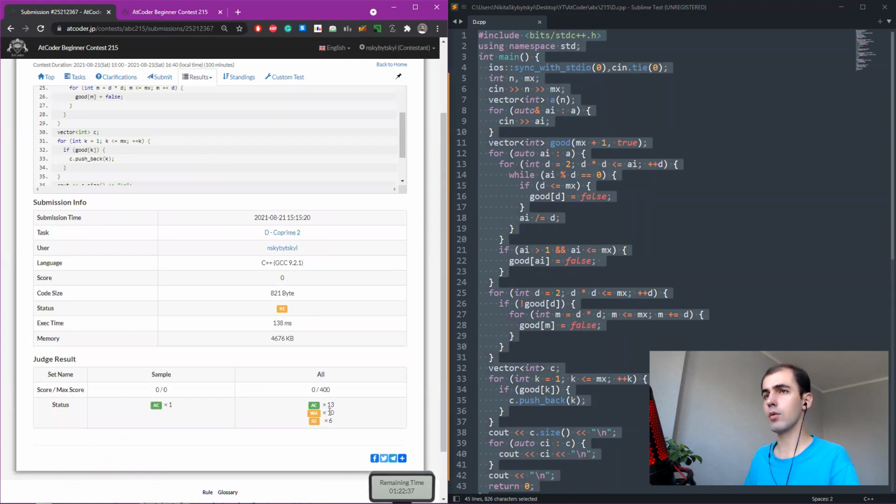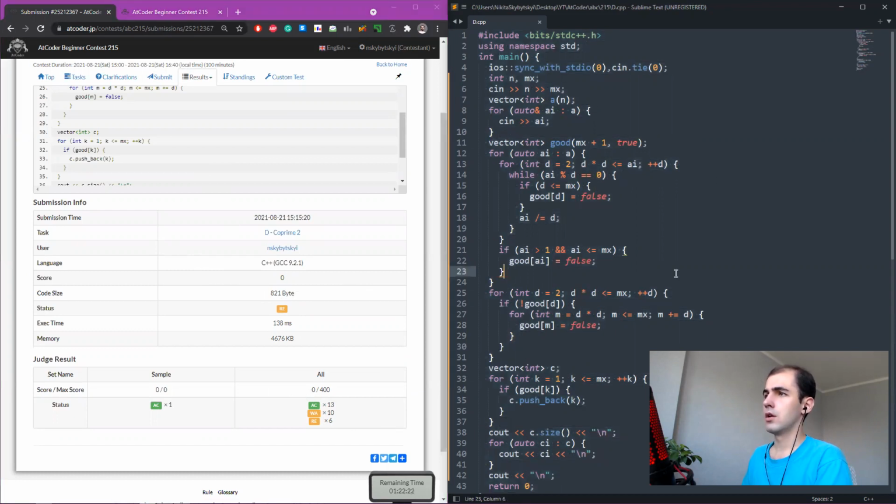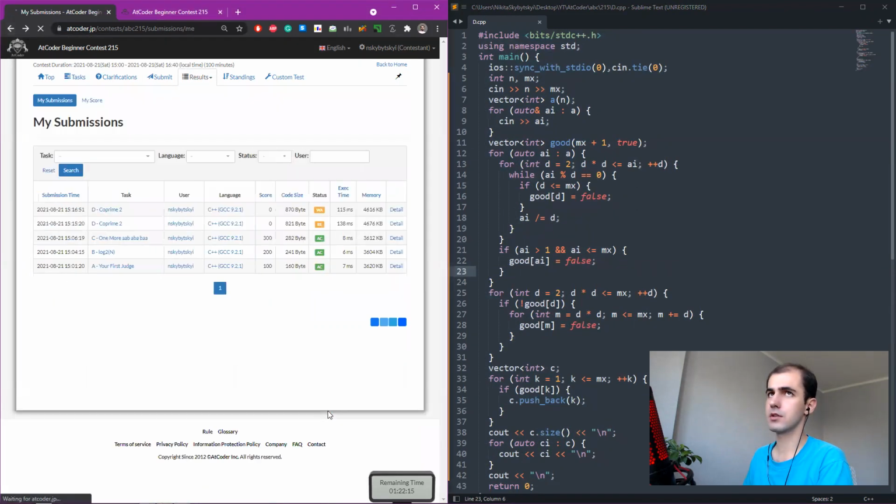Oh, 10. Oh, why did I not read this properly? That was not great. Why do you show me only runtime error when I also have wrong answer? If I had seen it here, then I would maybe think for a little bit longer. Unfortunate. But okay, we had 10 wrong answers.